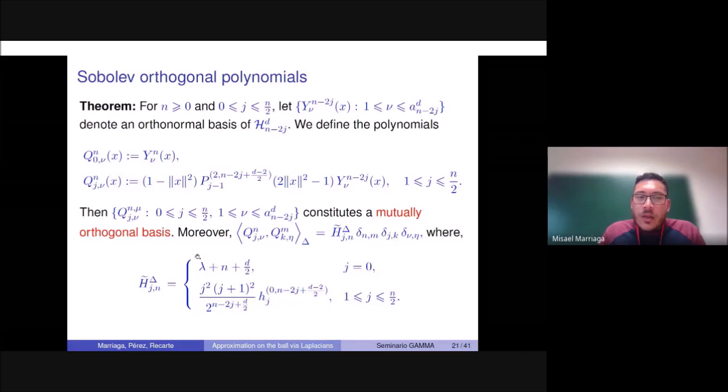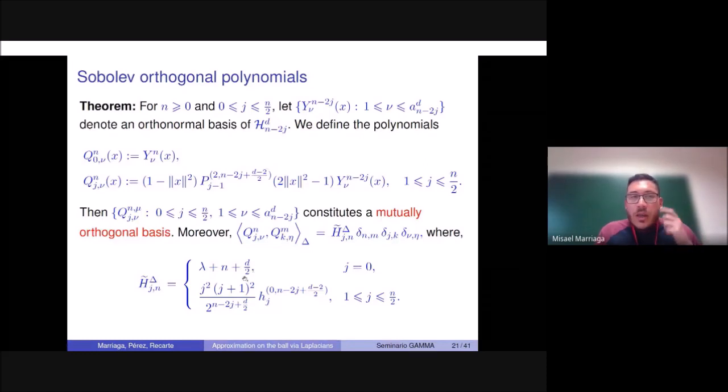Here we have the norm when j equals 0, and here we have the norm when j is different than 0. And as you can see, this is just a multiple of a univariate Jacobi norm, with one parameter equal to 0 and the other parameter the same one that appears over here.